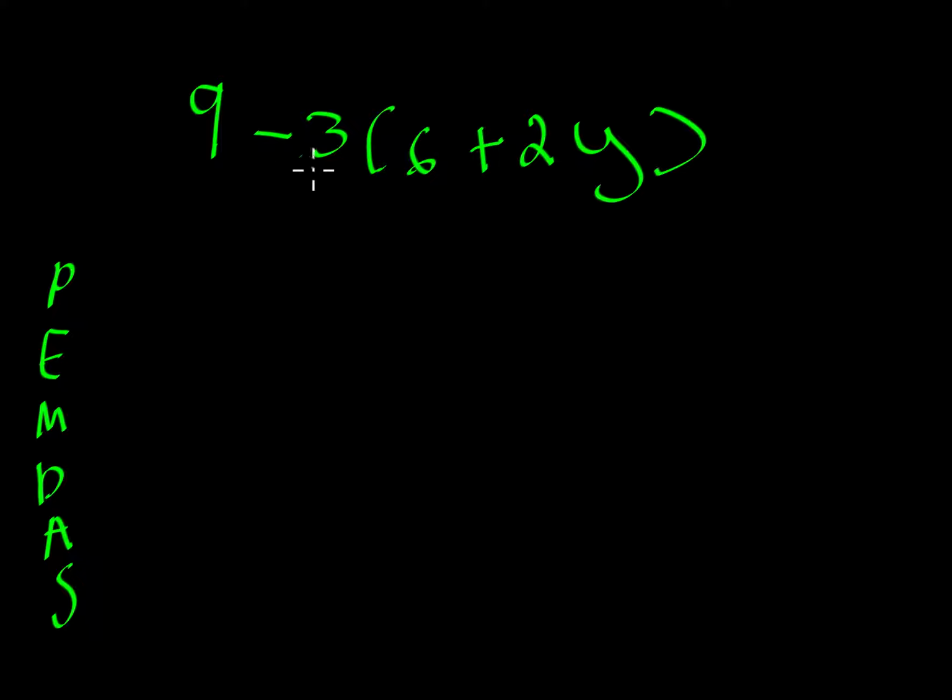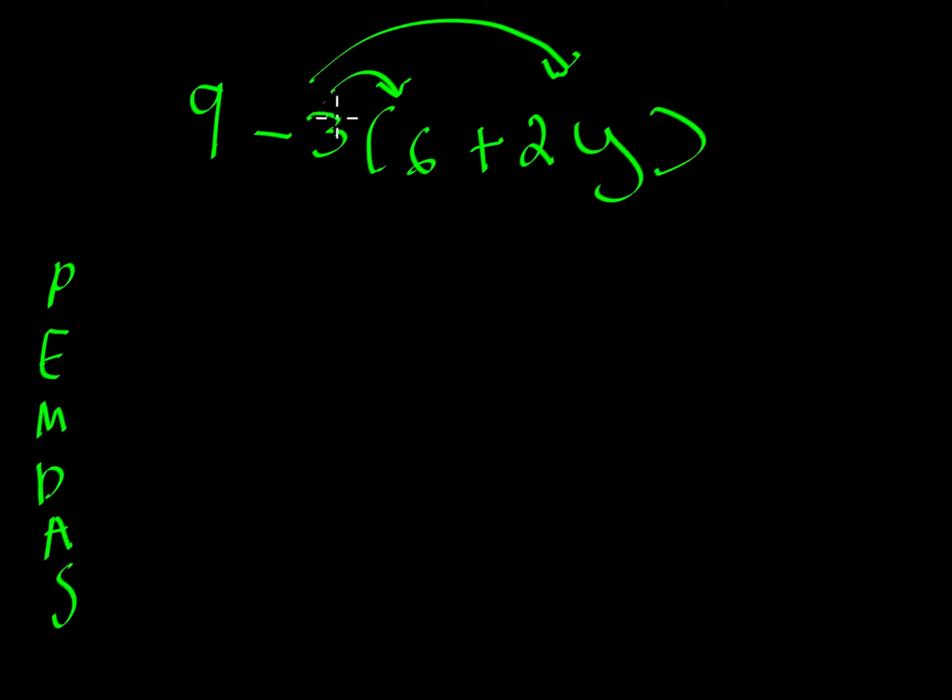So in this case, the first thing we're going to do is distribute negative 3 to 6 and negative 3 to 2y. Why? Because we want to get rid of the parentheses first. We're not going to immediately add like terms, or add 9 to negative 3 and 6, because in the order of operations, the parentheses is the first thing you need to do.